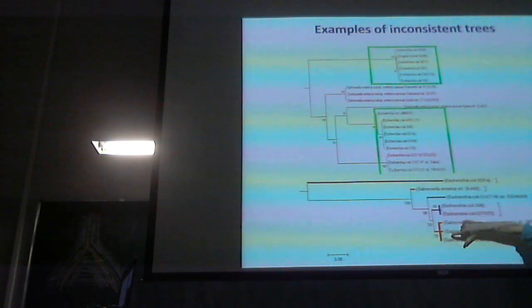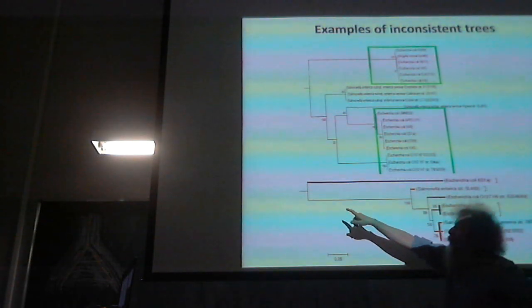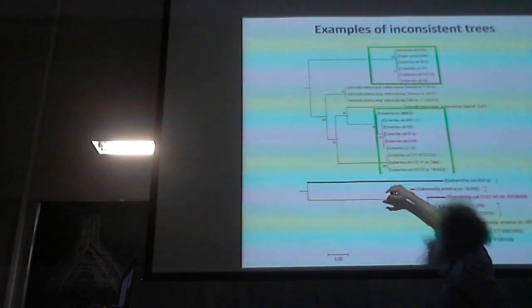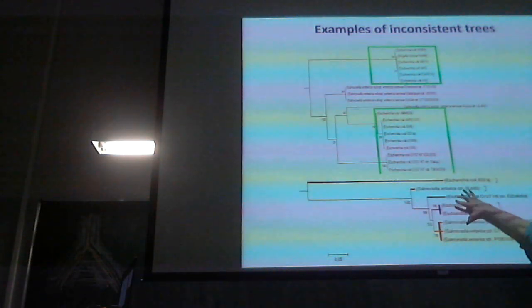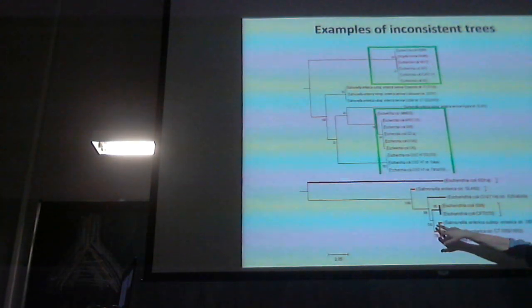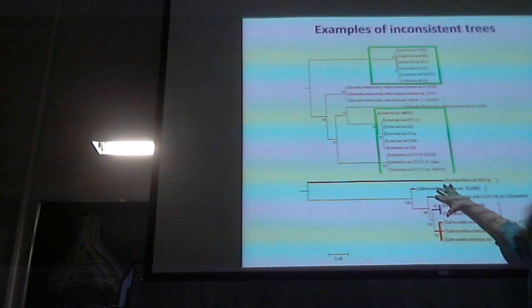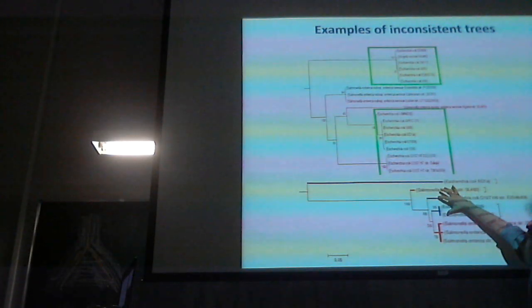Escherichias are in blue, Salmonella are in red. If you put the root here, this clade would have both Escherichias and Salmonella. If you put the root here, the top branch would have both Escherichias and Salmonella, and so on.